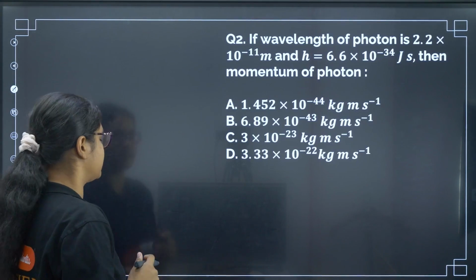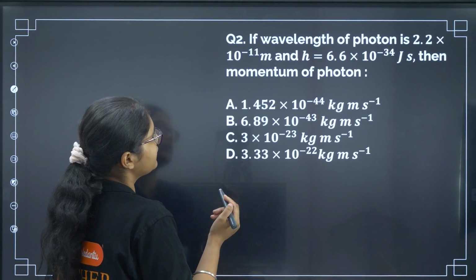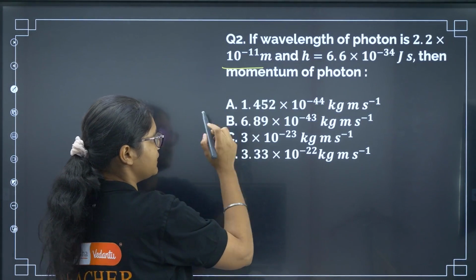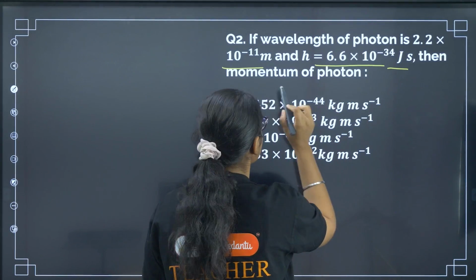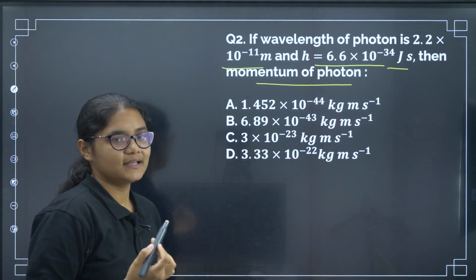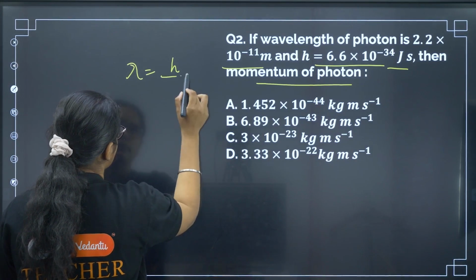Okay, now let us see the next question. If the wavelength of a photon is 2.2 into 10 to the power of minus 11 meter, h value is 6.6 into 10 to the power minus 34 joule second, then the momentum of the photon is. So this question is from de Broglie wavelength, lambda is equal to h by p.